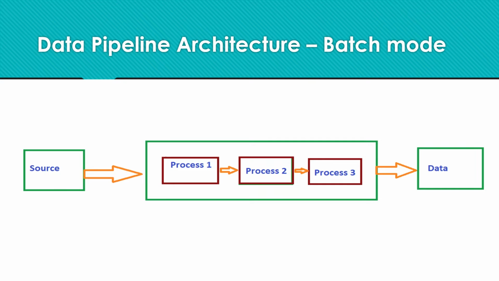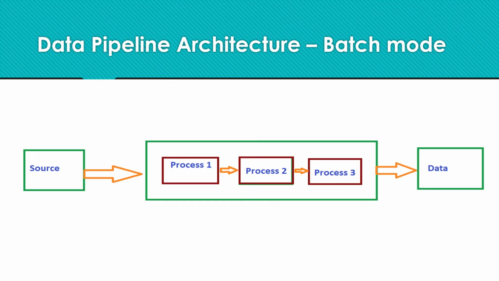These kinds of pipelines are used for readily available data which is already generated and stored in a particular place, for example, a file system where data is already generated and stored in a folder, or a relational database which contains the data.